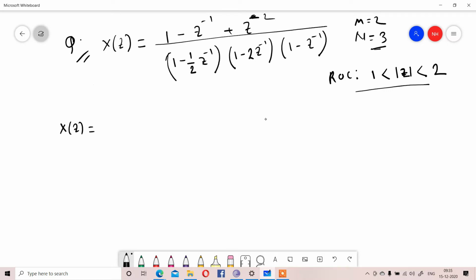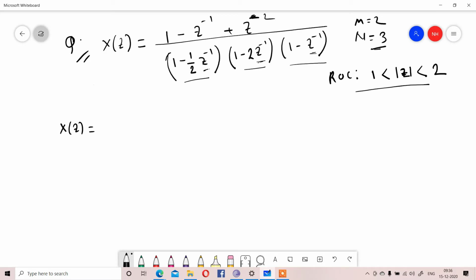The value of n means the maximum power of the numerator. If we multiply all three values, the maximum power will be this z inverse multiplied by this z inverse multiplied by this z inverse.